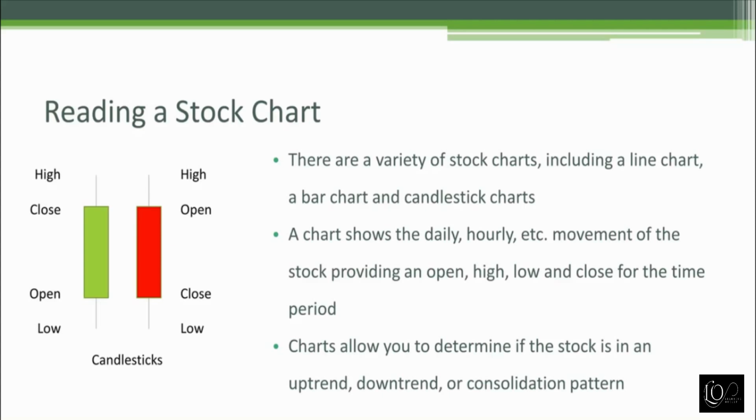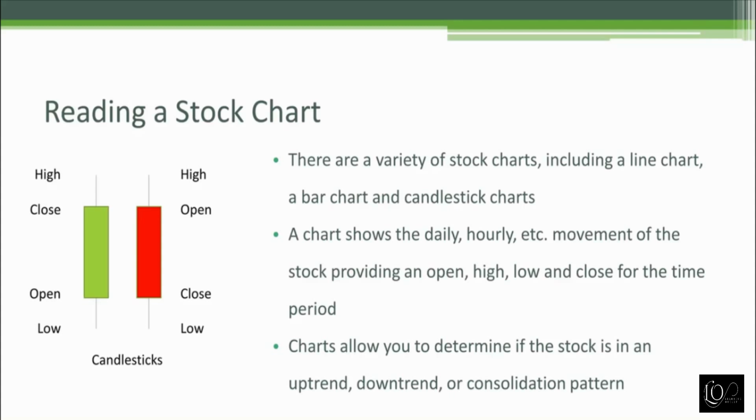A stock chart shows a daily, hourly, weekly, or by-the-minute movement of a stock and provides the open, high, low, and close for the time period. So if you're looking at a daily chart, then each bar or candlestick is going to represent one day. If you're looking at an hourly chart, then each of those would represent an hour on the chart.